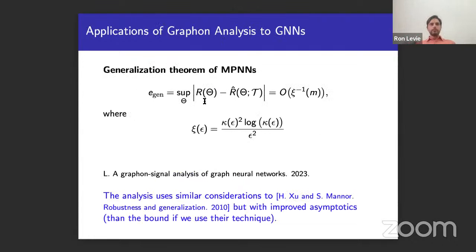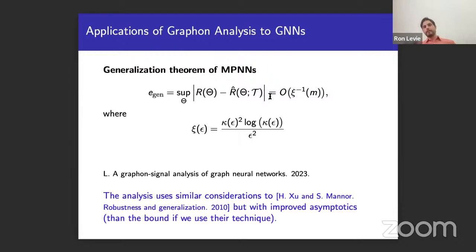Okay, so I was able to prove that for message passing networks, the difference between the empirical and statistical risk decays as the number of graph signals increases in the training set. The nice thing here is that you don't need any assumption on the data distribution, right? The data can be distributed in any way you like.